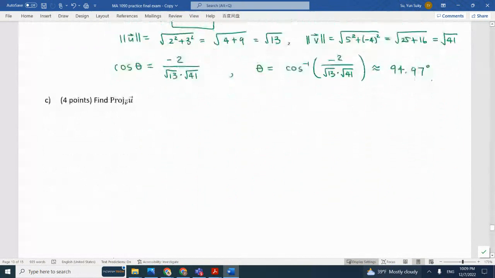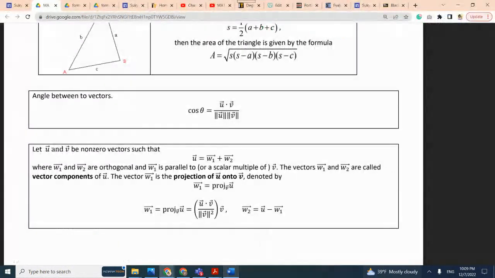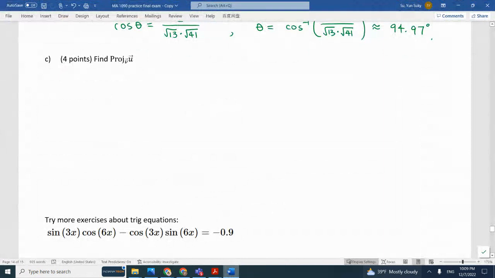So part C, projections. Projection of u in the v direction. The formula will be given. So this is the formula, the projection of u on the vector v.